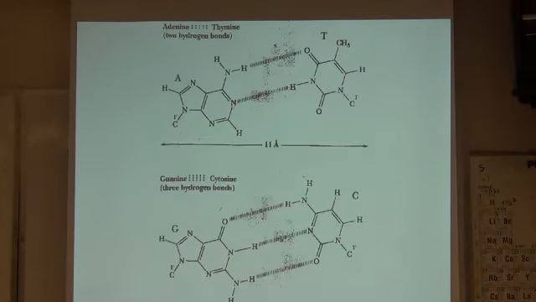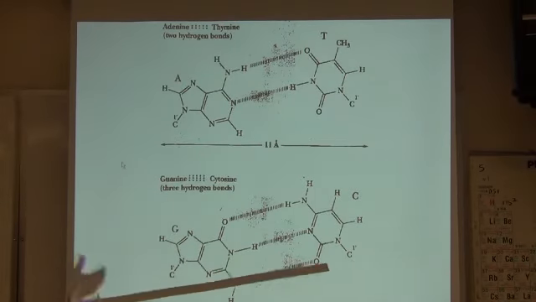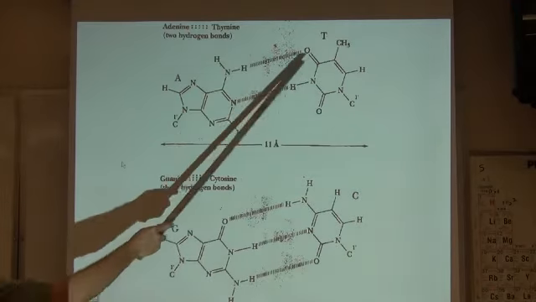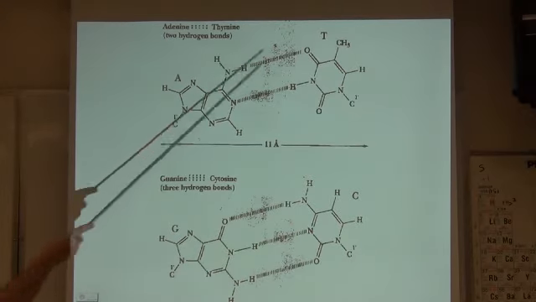Okay. Here's the hydrogen bonding. Notice that we always have a purine with a pyrimidine, right? And the hydrogen bonding, remember, A always goes with T. AT is a two-letter word, so there are two hydrogen bonds that hold the A's to the T's.